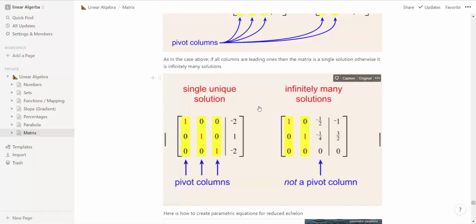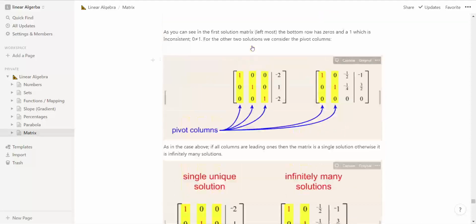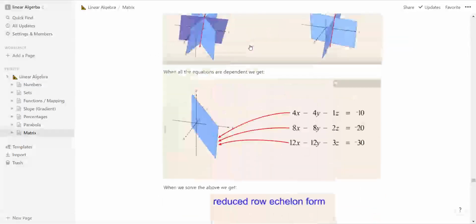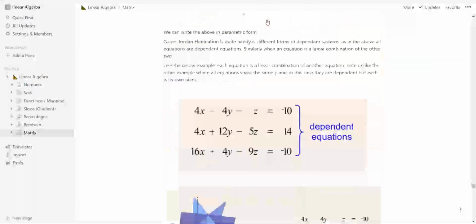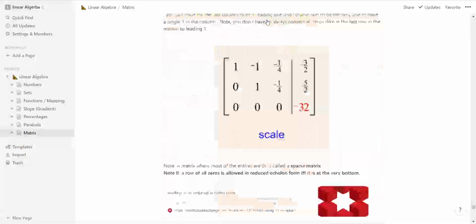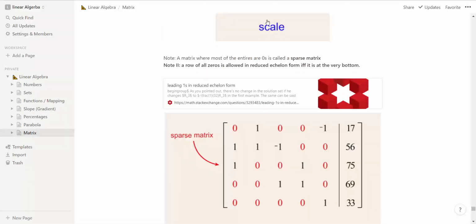Otherwise, you'll be left with no solution whatsoever, like when you have a row that really doesn't equate to the right hand side.